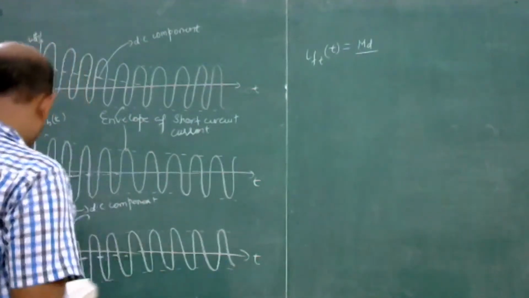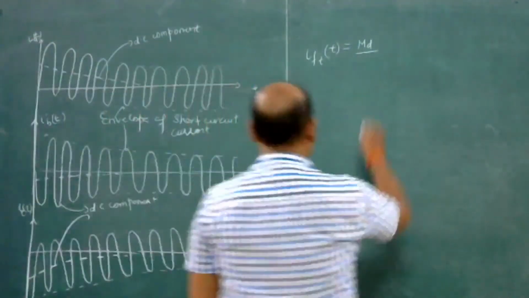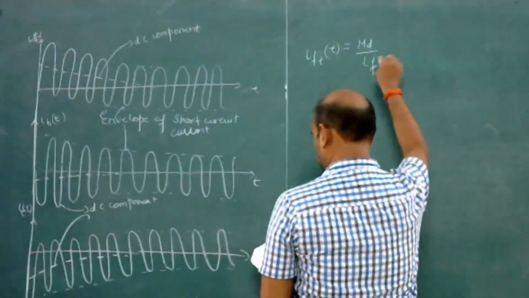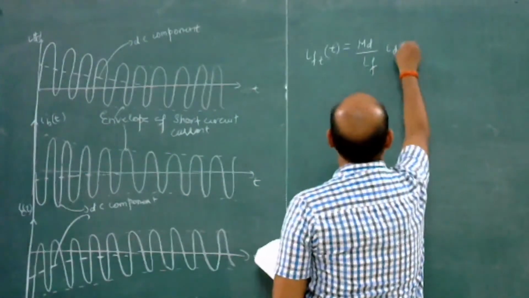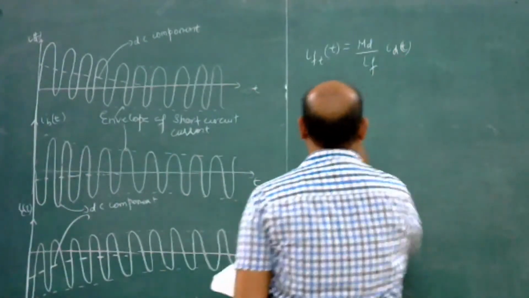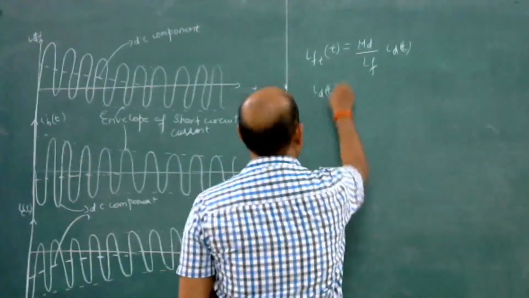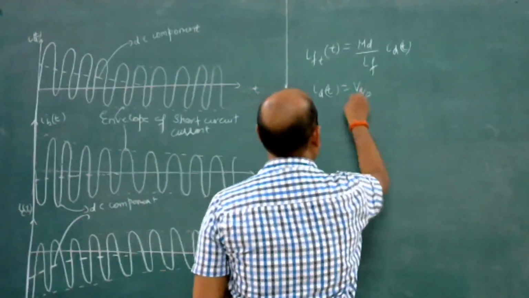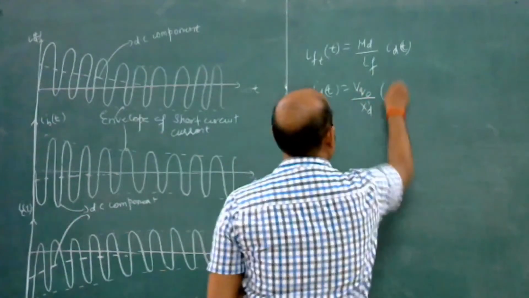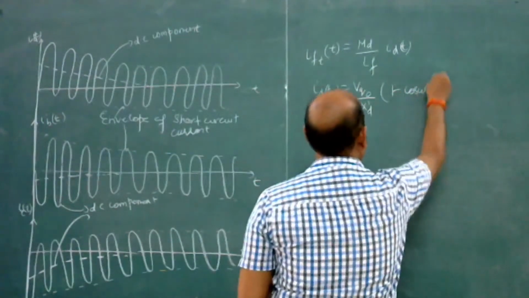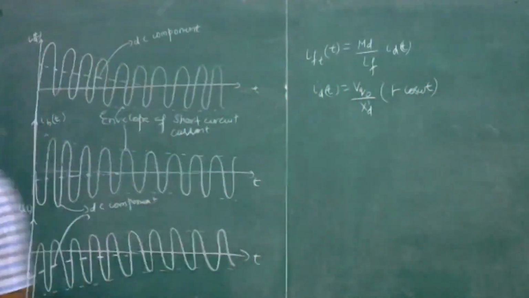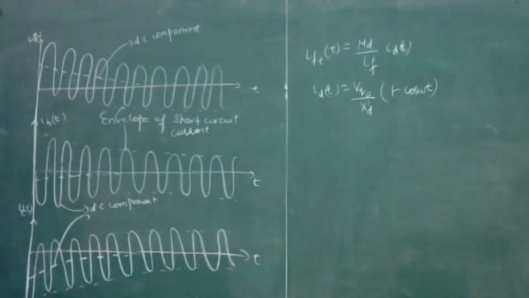We know that idT is equal to Vq0 upon Xd (1 minus cos omega t), and Vq0 is Md omega naught into If naught.